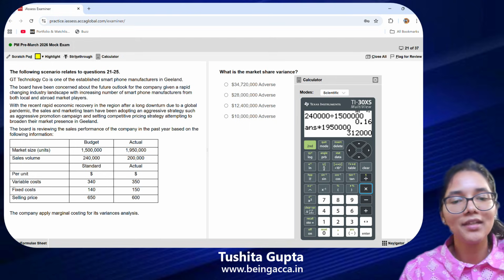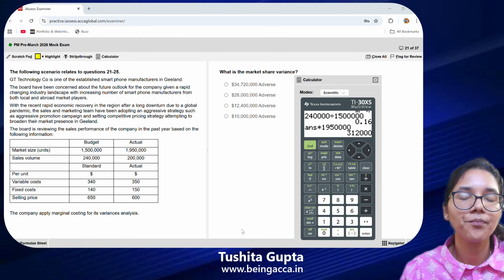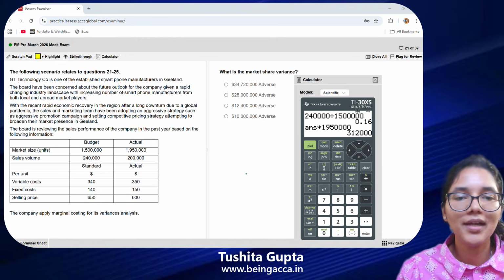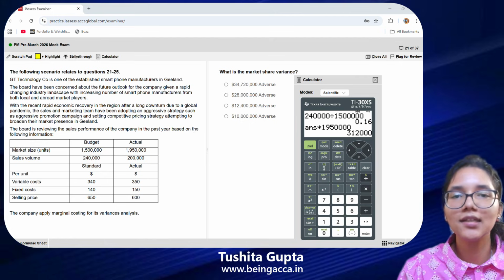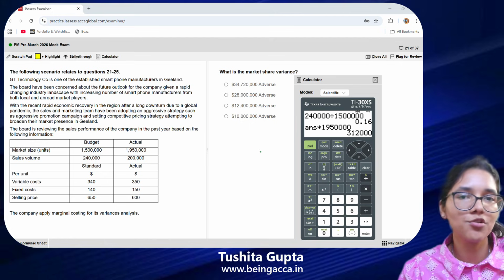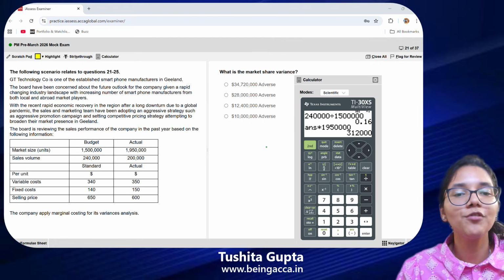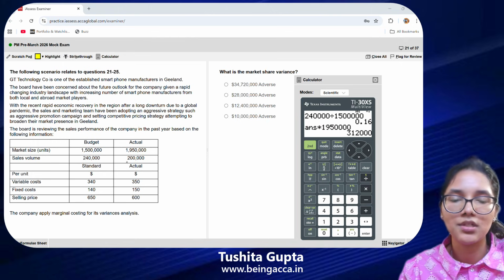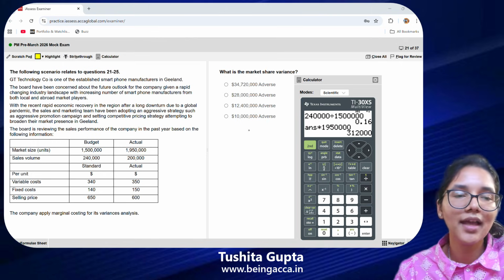So will my variance be favorable or adverse? Adverse. Even though you can see that in the options also, logically it should be clear that you were supposed to sell 312,000, but you have only sold 200,000. Is everyone with me on the calculation of 312,000?